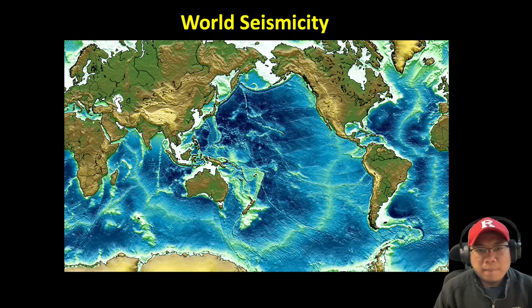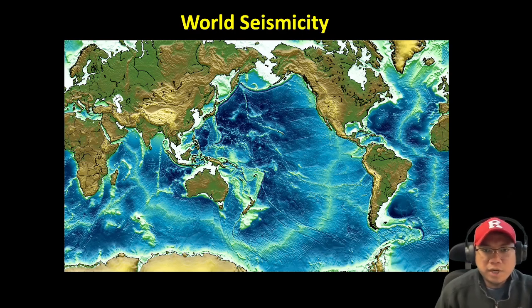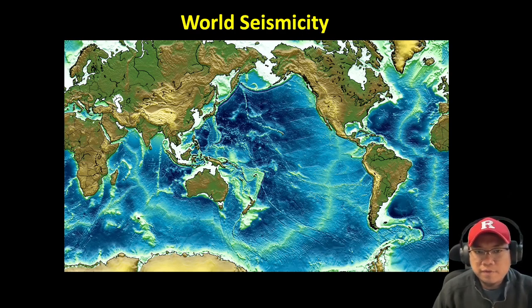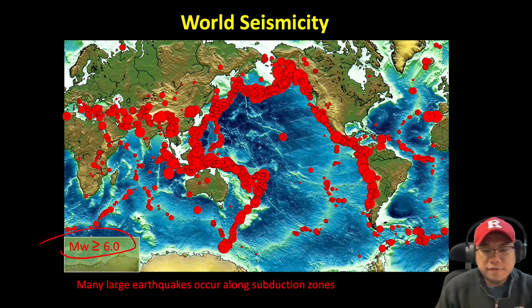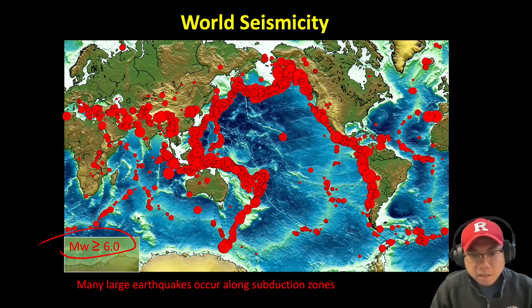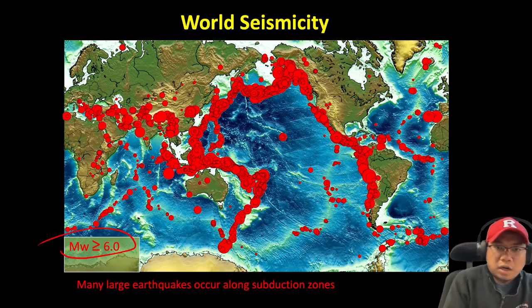Okay, and this is world seismicity right here, and I'm going to show you some of the major earthquakes that happen on Earth that have a magnitude above 6. So many large earthquakes occur along subduction zones, and as you can see, here are the subduction zones that we have along the Pacific plate, for example.